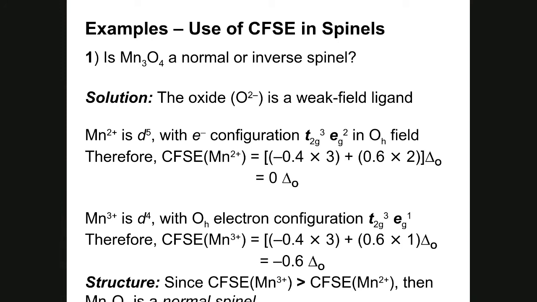But now d4 distributed like that, you multiply each by the stabilization energy, that gives you minus 0.6 delta O. So you can see that the 3 plus oxidation state is really stabilized by crystal field stabilization energy. Its energy is 0.6 delta O, being exothermic, if you like.